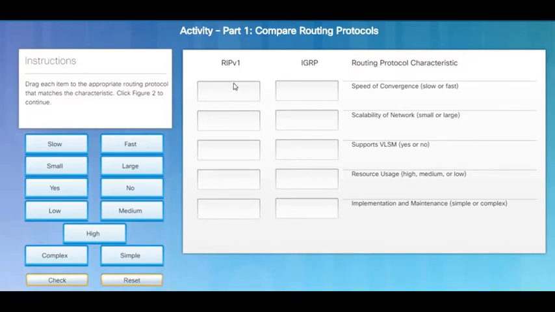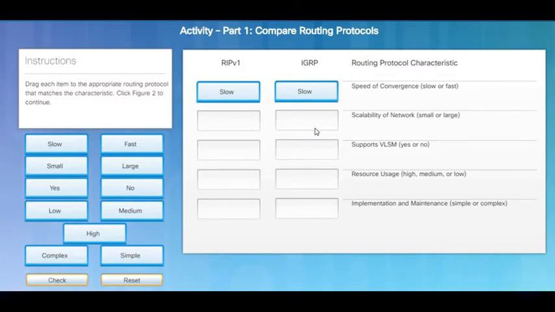Let's start off with RIP v1 and IGRP. In terms of speed of convergence, are they fast or slow? Since these are the legacy, meaning older versions of routing protocols under distance vector, they are both slow.